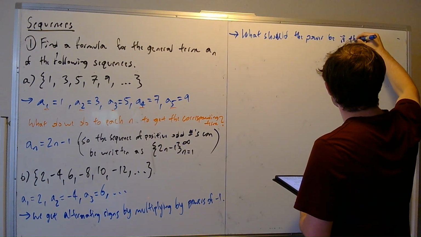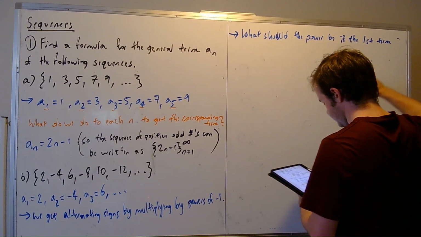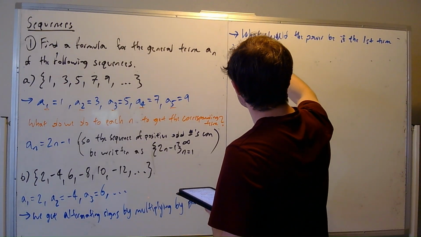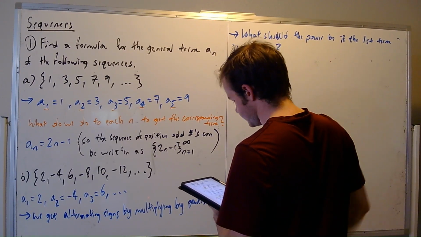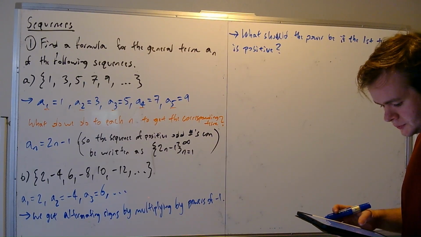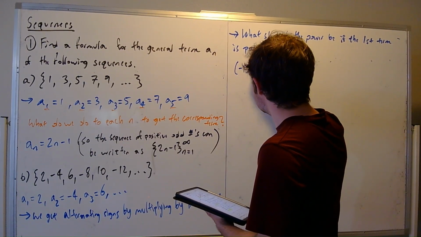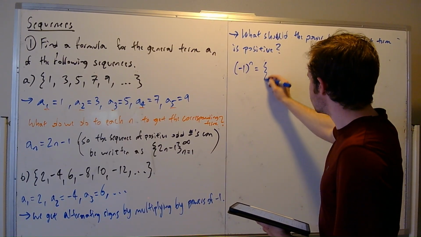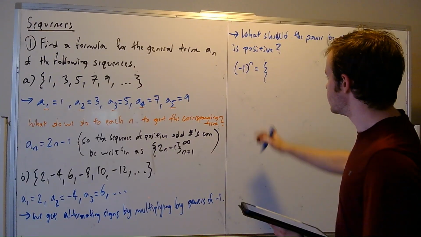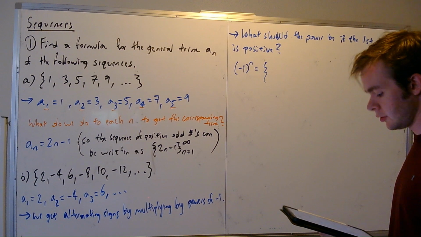If the first term is positive. Okay. So let's say we have -1 to the power of n. Let's see what we're going to get if we have that. So let's think about if n is odd, then we're going to get a negative number, right?